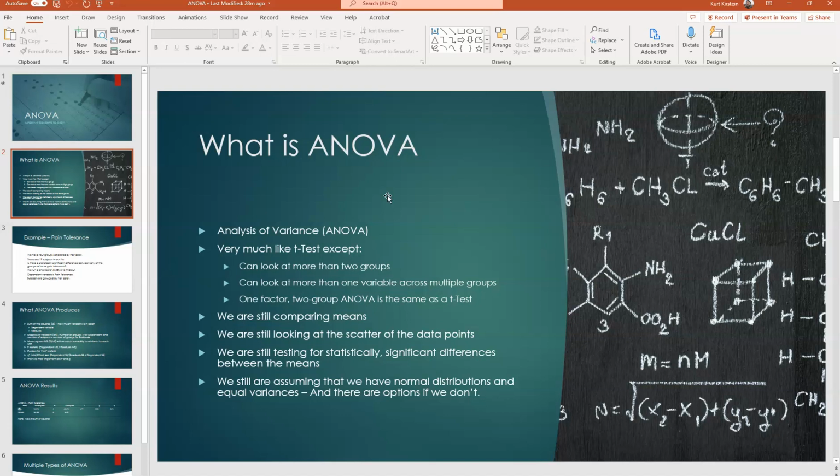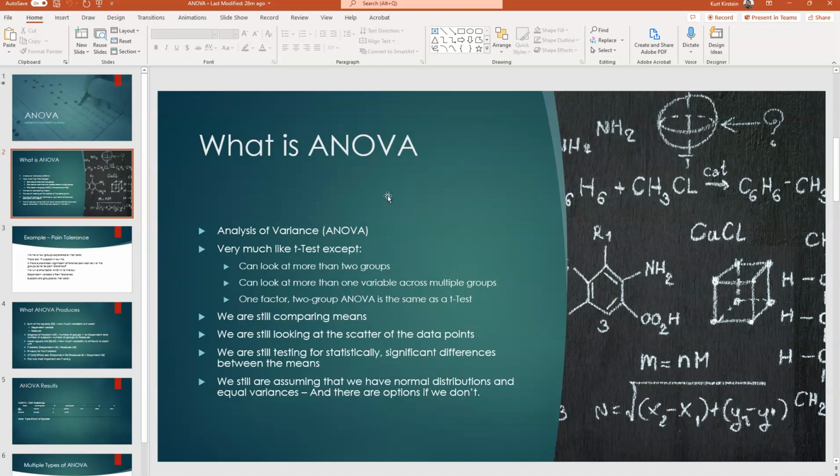We're still looking at the scatter of the data points around those means to see if there are statistically significant differences between the means. We're still also assuming that we have normal distribution and equal variances, and there are ways of running ANOVA if we don't have those. They give us not quite the same information, but it gives us useful information.